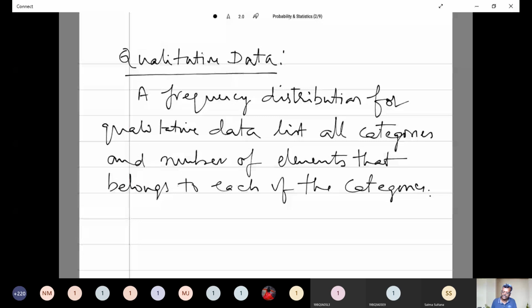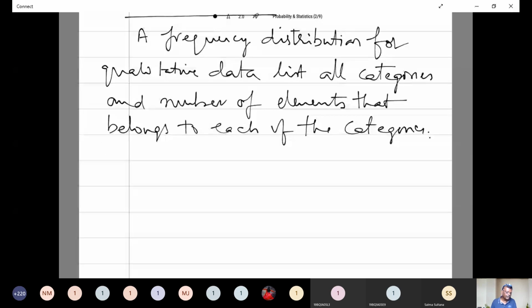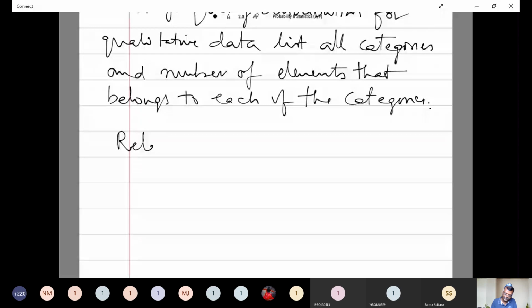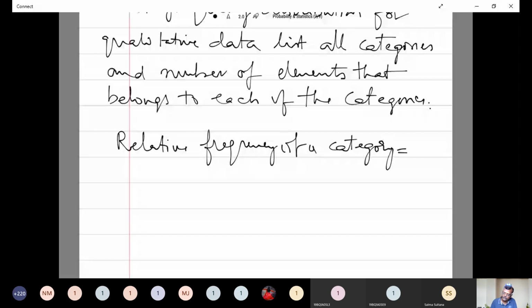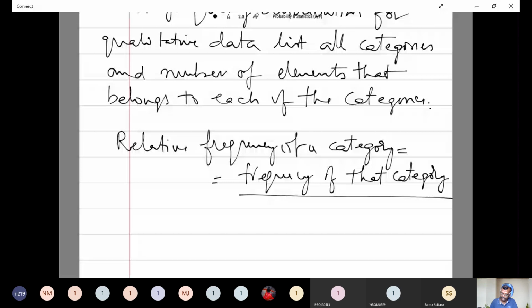Now some crucial simple definitions or formulas we have to define. The relative frequency of a category is equal to the frequency of that category divided by the sum of all frequencies, or total number of frequencies.